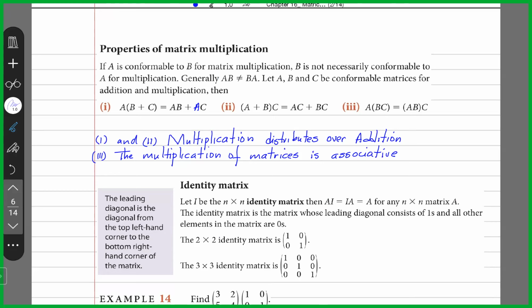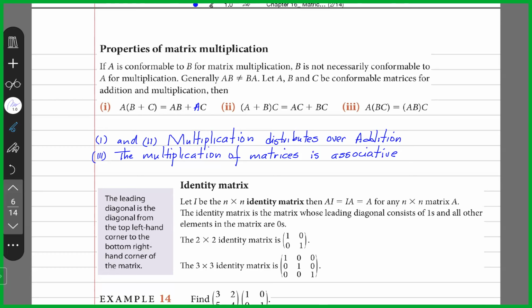Let A, B, and C be conformable matrices for addition and multiplication. Then A(B plus C) is equal to AB plus AC, and (A plus B)C is equal to AC plus BC.